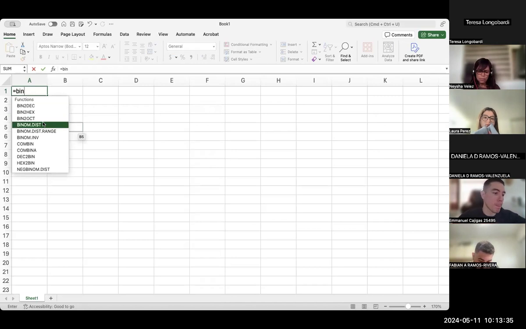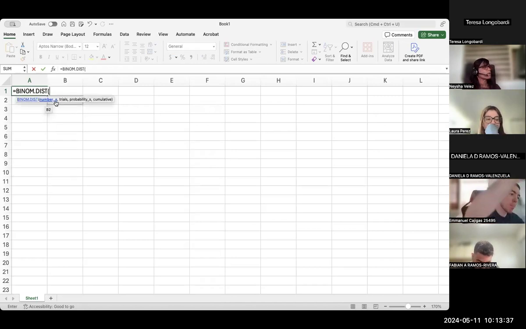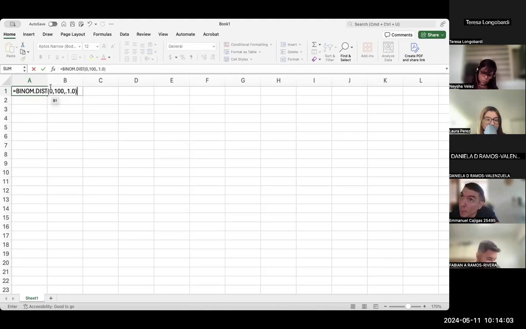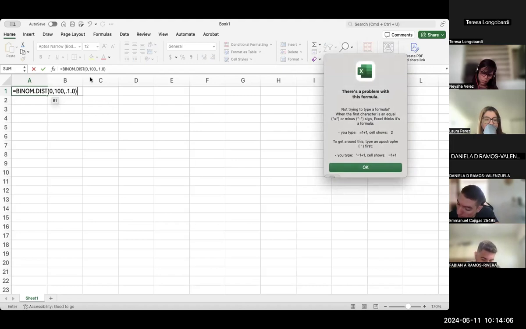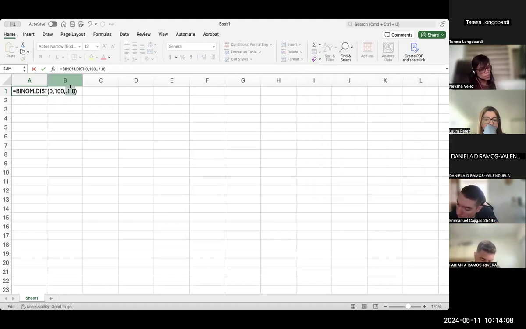And I'm going to pick this one. And it asks me for the number. So binomial distribution always starts with 0. So we're going to ask for 0, and then we're going to put the number of trials. We had 100, right? And the probability was 0.1. And let's say we just want false, or 0. We don't want it to be cumulative, so I can show you what it's like. Oh, what did I do wrong? I didn't put a comma. I had to put a dot.